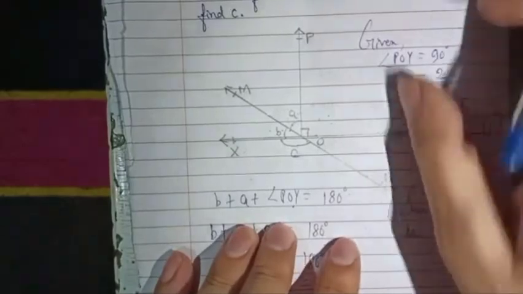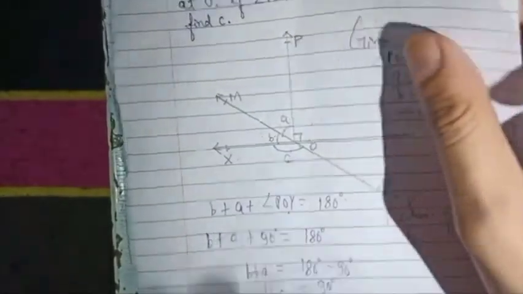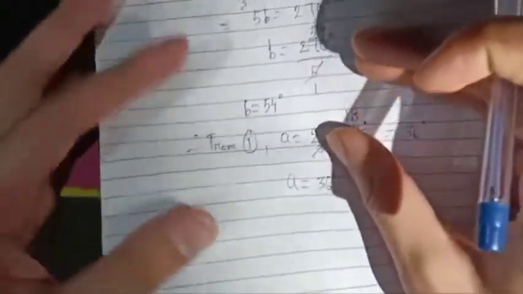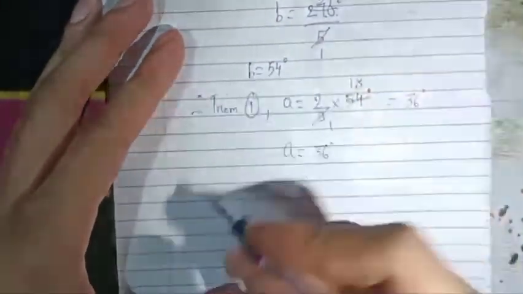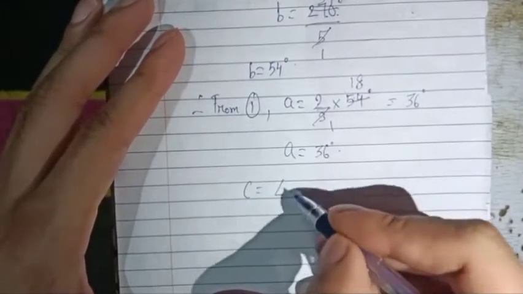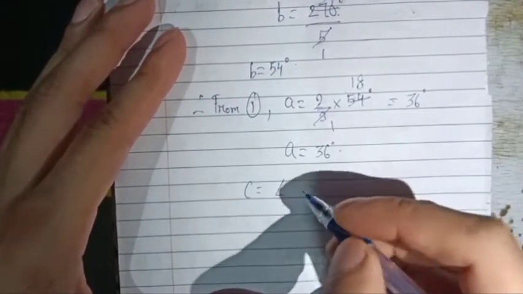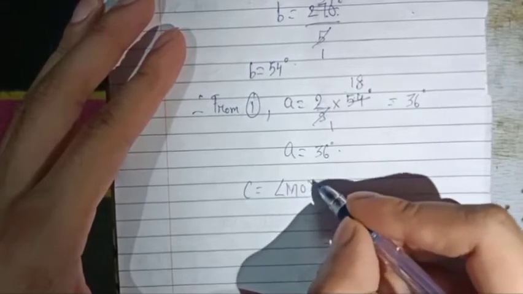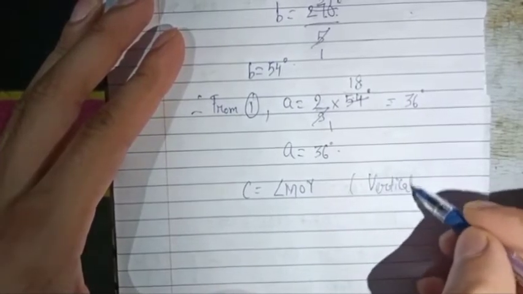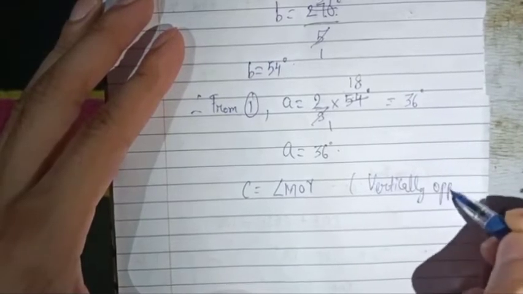So we can write here C will be equal to angle MOY, and you will write the reason as vertically opposite angles.